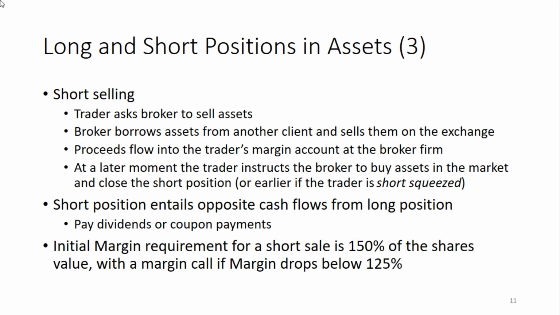The broker has no alternatives anymore, but suddenly has a request that it needs to give the asset back, and then we call it a short squeeze. So that's a risk that at an unfavorable moment in time, the party that was instructed to go short needs to give the asset back and then needs to buy the asset at that moment in the market to give it back to the party that it was borrowed from.